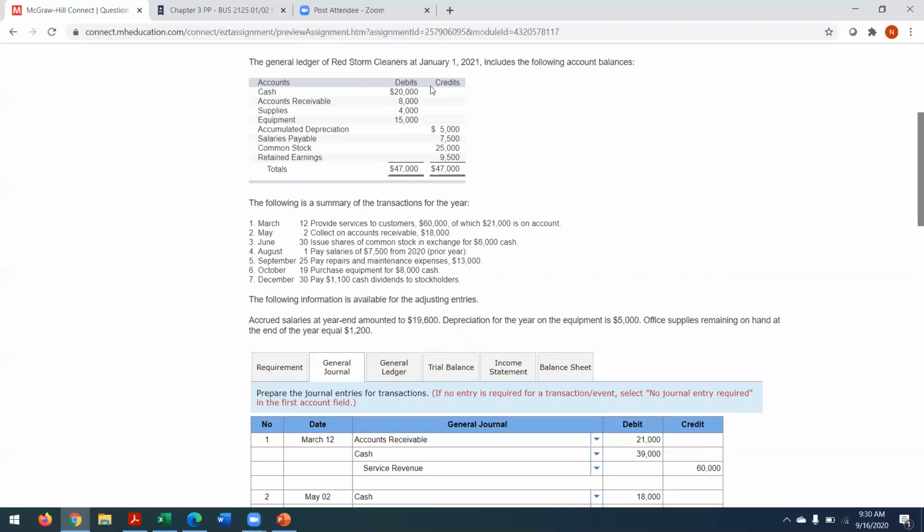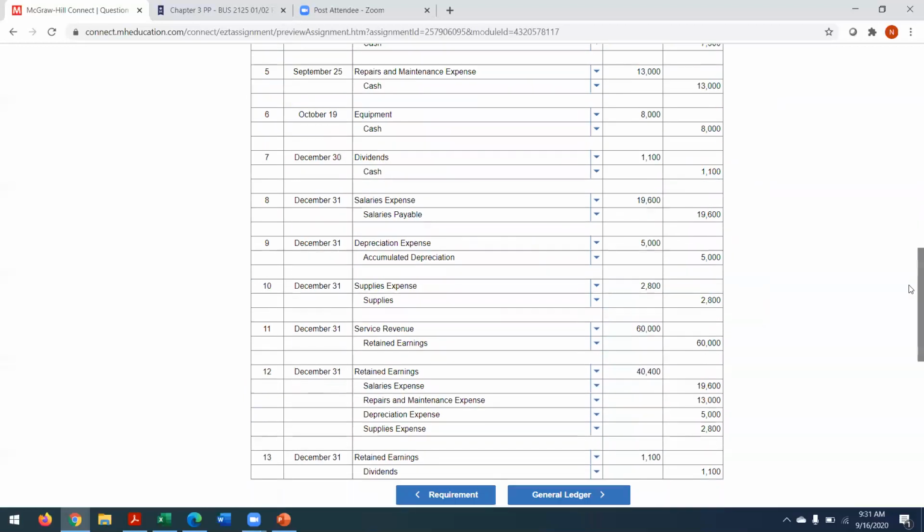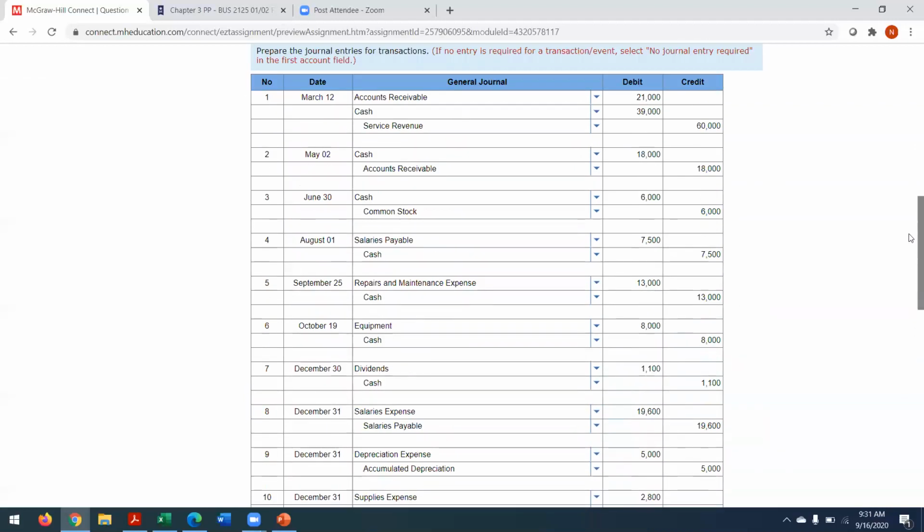So what they're telling us is this figure now needs to be 1,200. In order to make this figure 1,200, we are going to need to credit 2,800 in supplies to bring this down to 1,200. And what is our debit? Our debit is supplies expense for 2,800. We credit supplies for 2,800. Does that make sense?